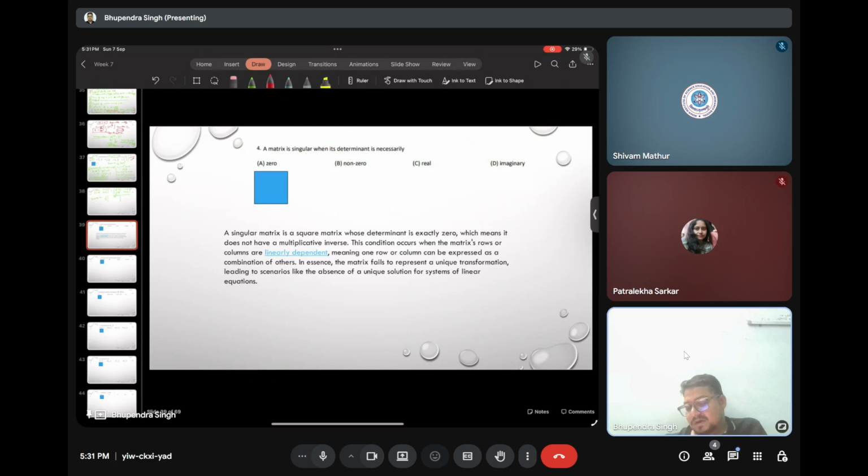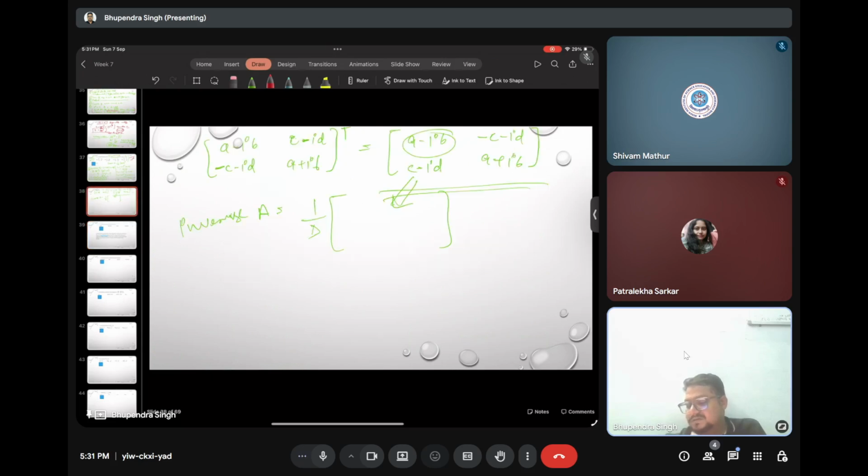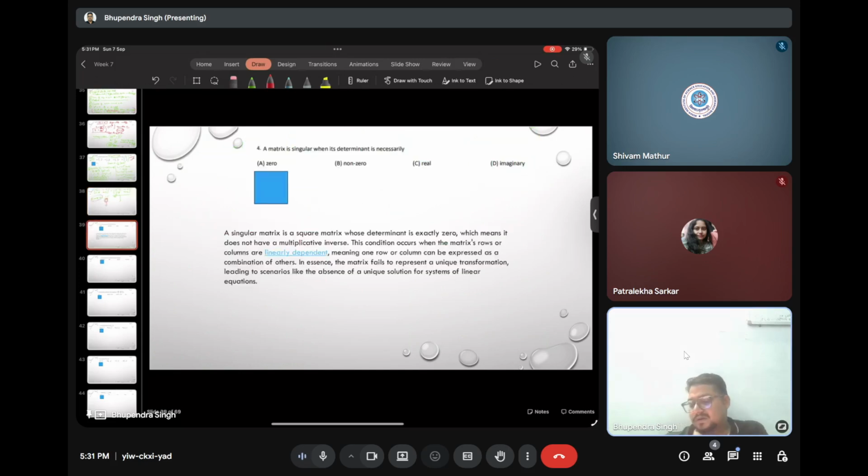A singular matrix doesn't have an inverse, because when we determine the inverse matrix there is a 1 by determinant factor. So if the determinant is 0, it is 1 by 0, so you cannot determine the inverse of a singular matrix.